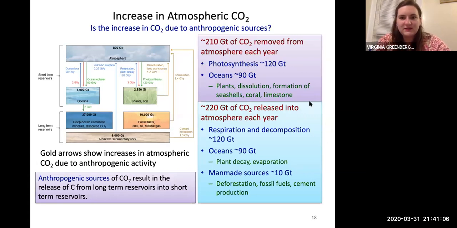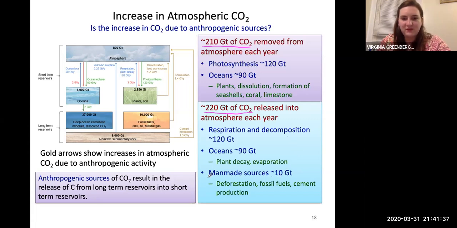So we can ask, is this change in CO2 really due to anthropogenic sources? What we've done here is count up all the different numbers in the different arrows. Each year, 210 gigatons of CO2 are removed from the atmosphere, mostly from photosynthesis and the oceans. But 220 gigatons of CO2 are released into the atmosphere every year.